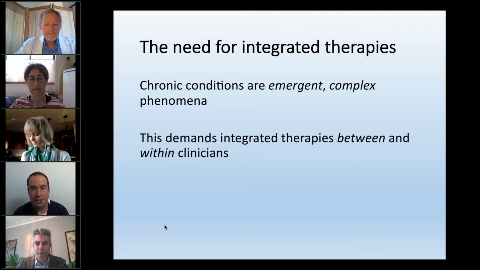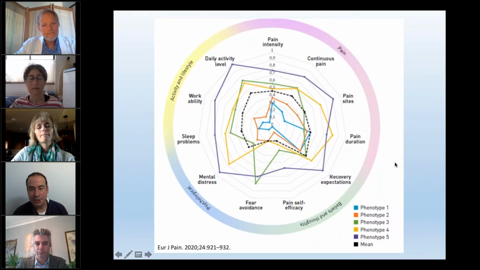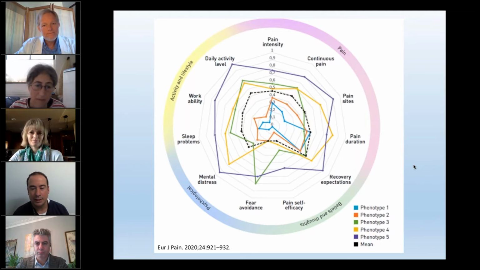So any chronic condition, whether it's pain or otherwise, has emergent features that demand integrated therapies both between and within clinicians. To illustrate that point, this is becoming more and more clear, at least in the world of musculoskeletal pain.